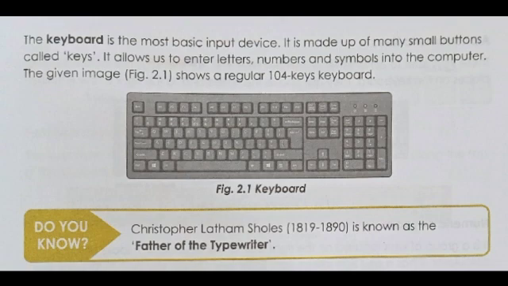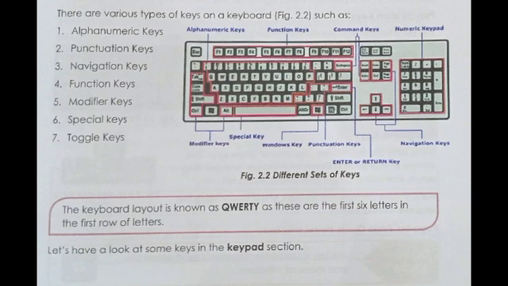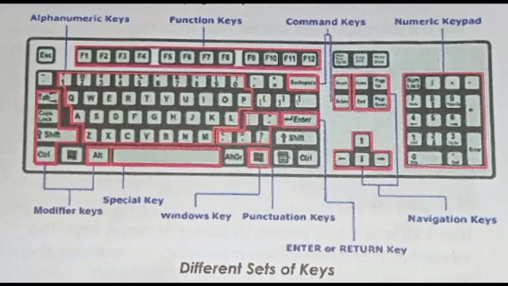Do you know Christopher Latham Sholes, 1819 to 1890, is known as the father of the typewriter. There are various types of keys on the keyboard, such as: number 1, alphanumeric keys; number 2, punctuation keys; number 3, navigation keys; number 4, function keys; number 5, modifier keys; number 6, special keys; number 7, toggle keys.